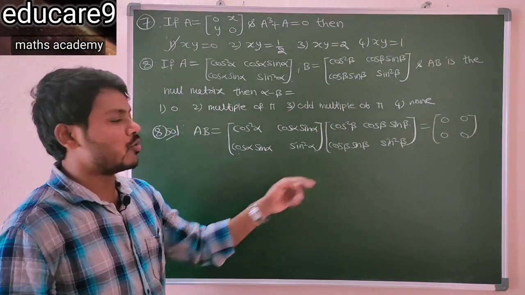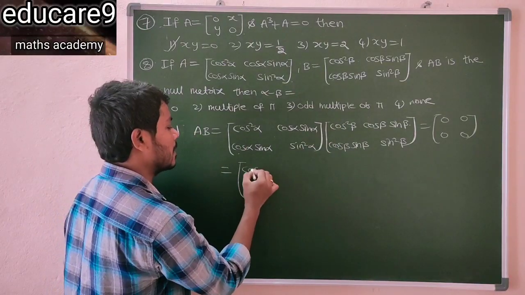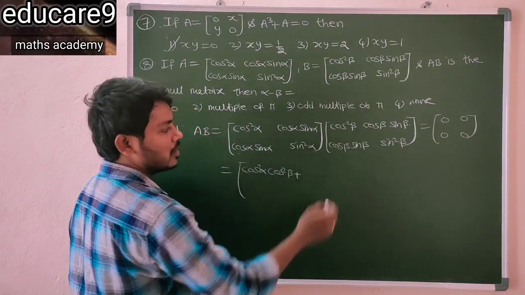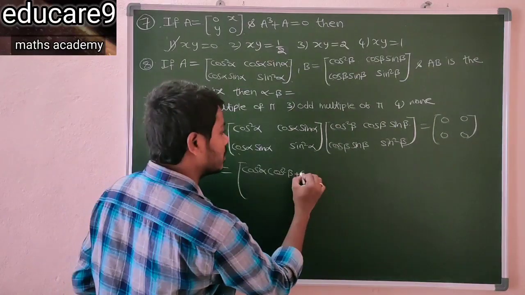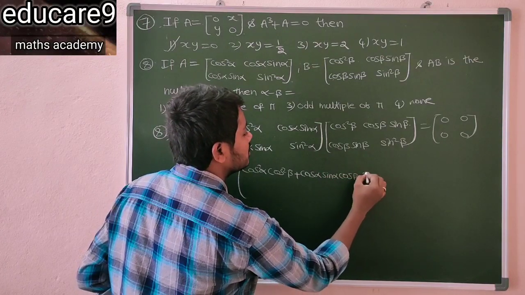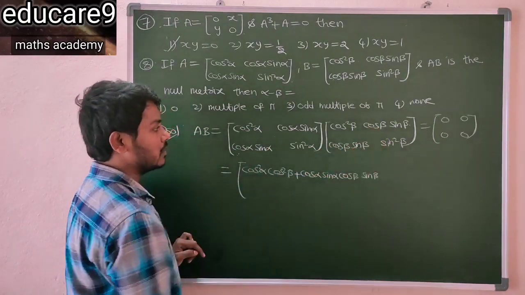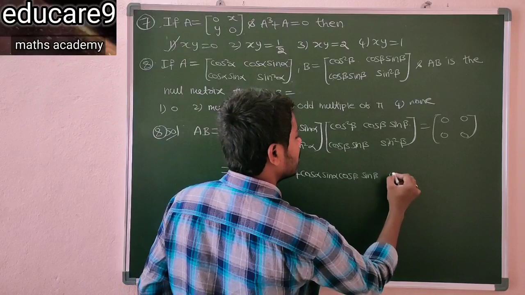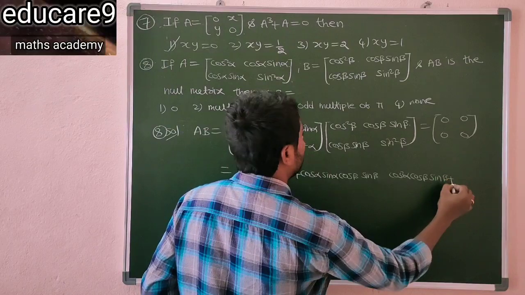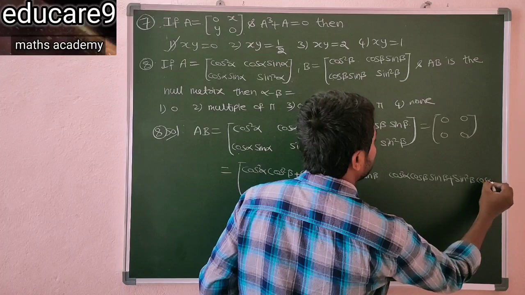Now multiplying these two, what you get? Cos square alpha cos square beta plus cos alpha sin alpha cos beta sin beta. Next one, first row second column, that is cos square alpha cos beta sin beta plus sin square beta cos alpha sin alpha.